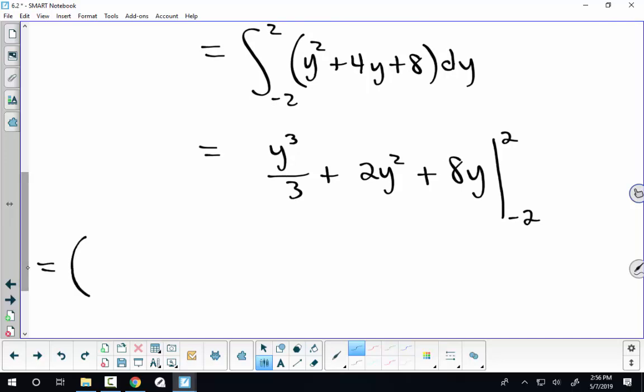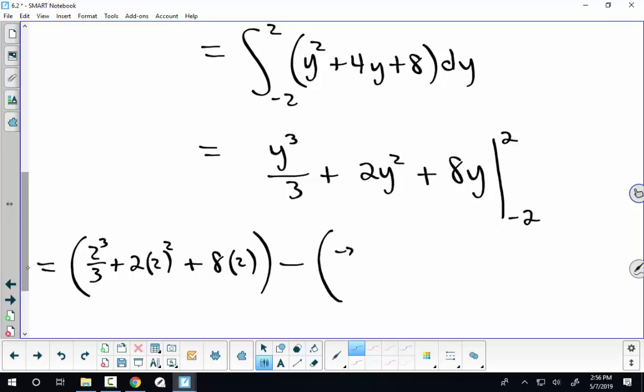So we'll just plug these in. 2 cubed over 3 plus 2 times 2 squared plus 8 times 2, minus 2 cubed over 3 plus 2 times -2 squared plus 8 times negative 2.